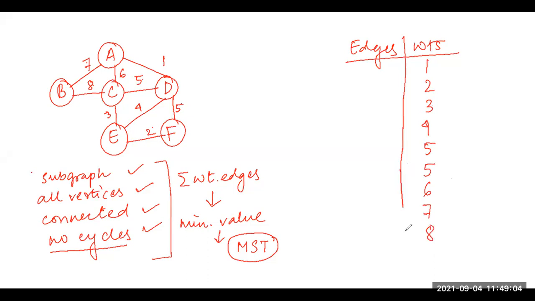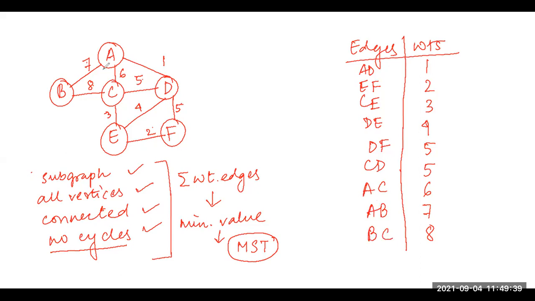These were the weights, and the edges associated with them are AD, EF, CE, DE, DF, CD, AC, AB, and BC.